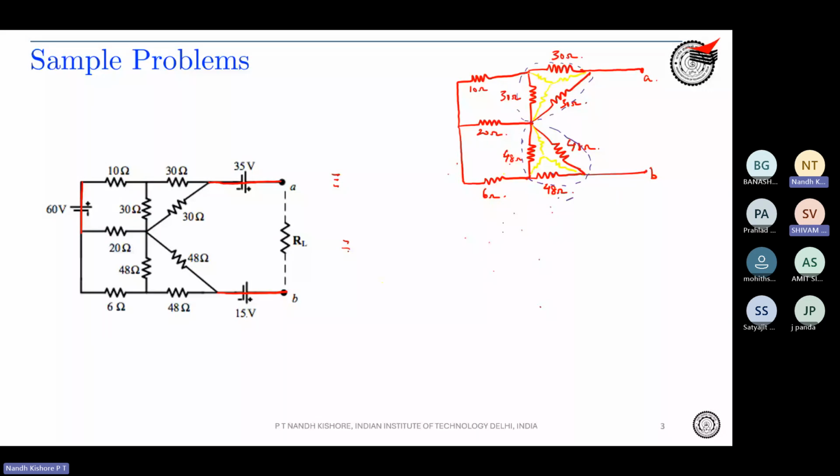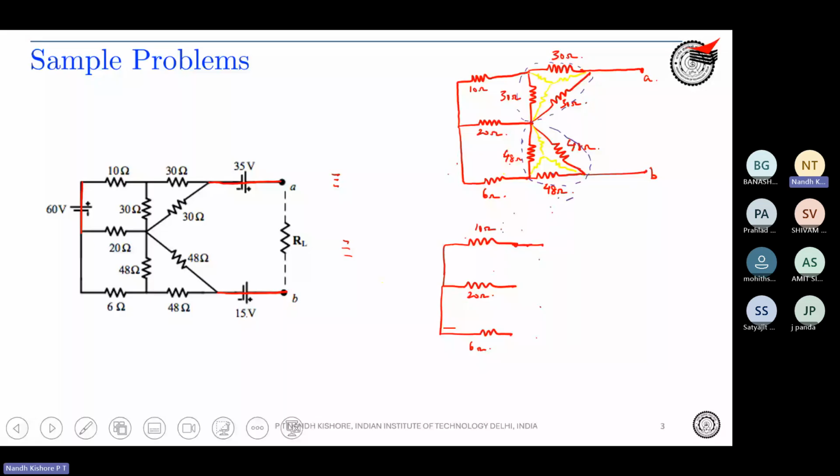So what you do is you go over here, 10 ohms, and you again have 20 ohms. You have 6 ohms. And now what we have is the equivalent of the star connection.